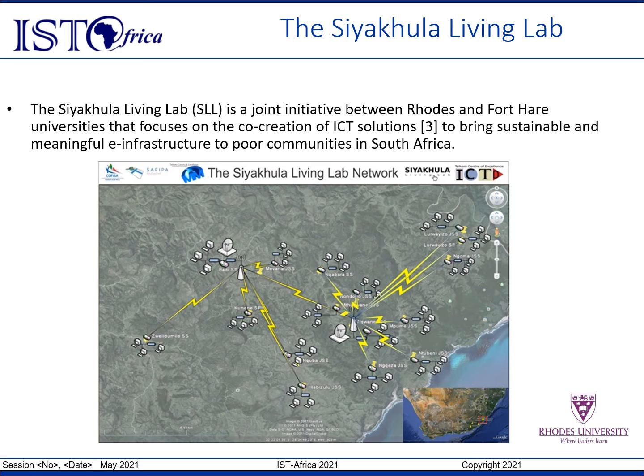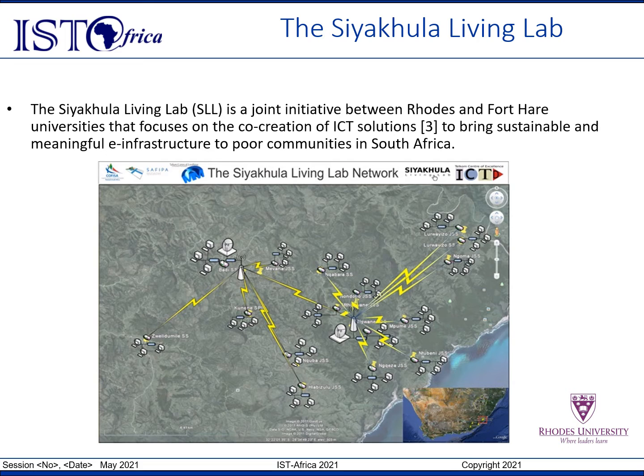Also, moving on, my research is based on the project called the Tichaona Living Lab. It is a joint initiative between Rhodes and four other universities, and it focuses on co-creation of ICT solutions to bring sustainable and meaningful infrastructure to poor communities in South Africa.